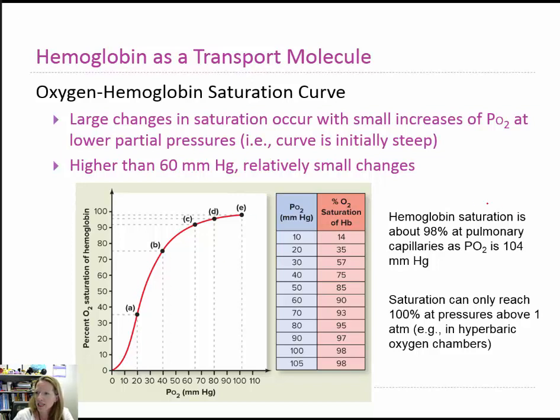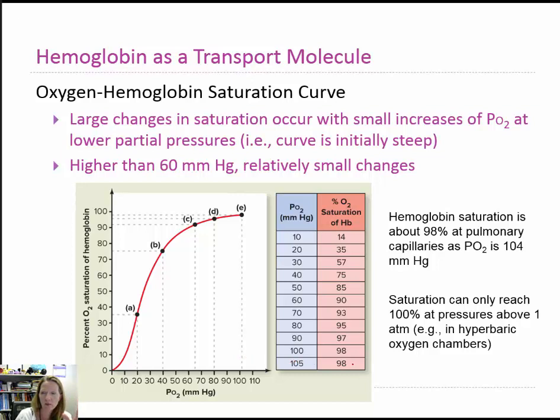Remember that hemoglobin is saturated at 98%. So there's 98%, and the PO2 at 105, which is about what we have in the alveolus. If I went back to the slides to look at the PO2 in the alveolus, it's right around 104 to 105.